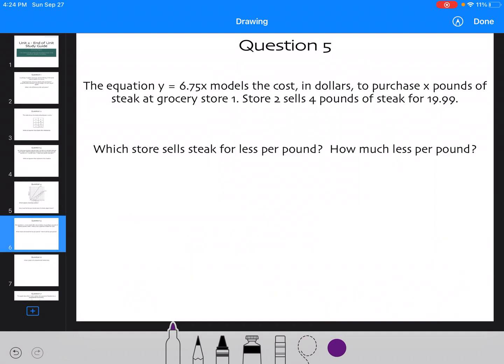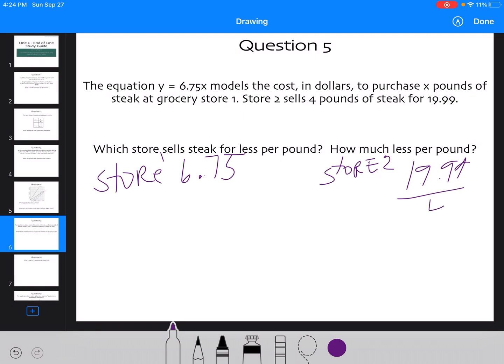Okay, the equation y equals 6.75x models the cost in dollars to purchase X pounds of steak at grocery store 1. Grocery store 2 sells 4 pounds of steak for $19.99. Which store sells steak for less per pound? Okay, well, we know store 1 is $6.75. We know that store 2 would be $19.99 divided by 4.